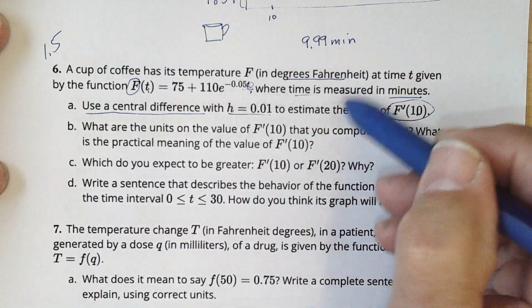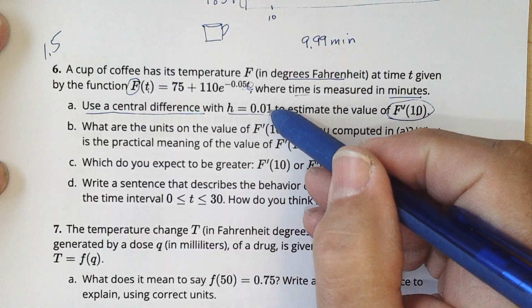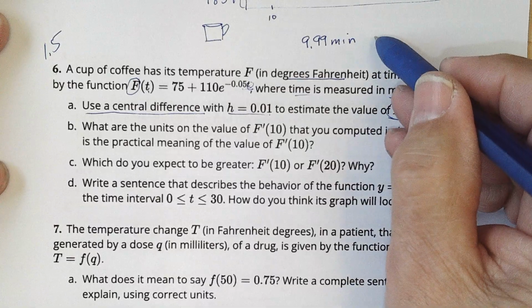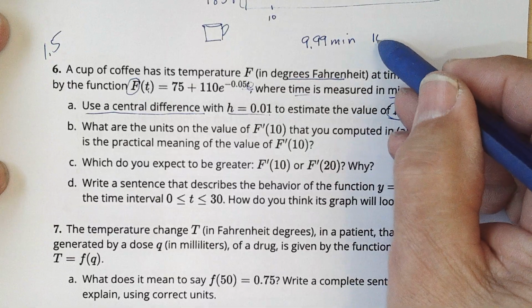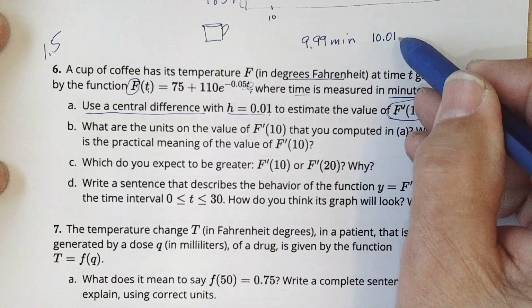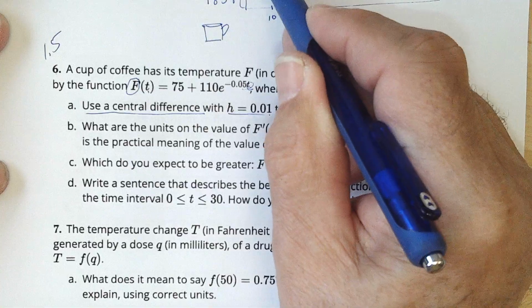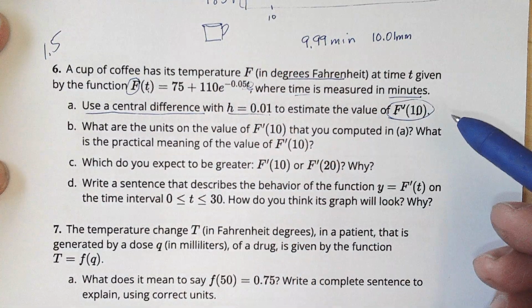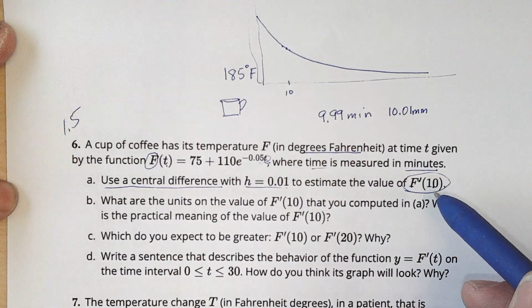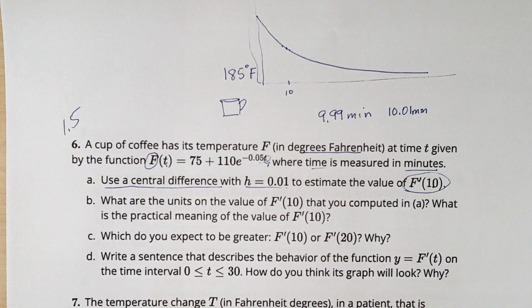And we're going to figure it out at 1/100th of a minute past 10. So we're going to figure out the temperature at 10.01 minutes. So we're finding 2 points on either side of that, and we're going to find the slope of that.